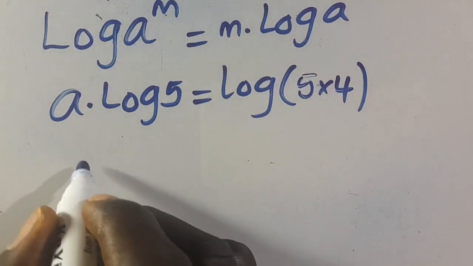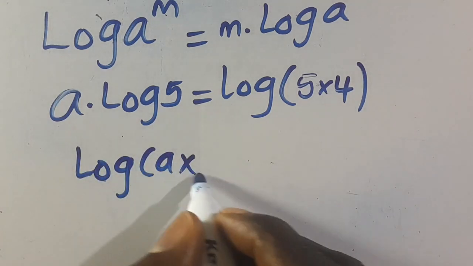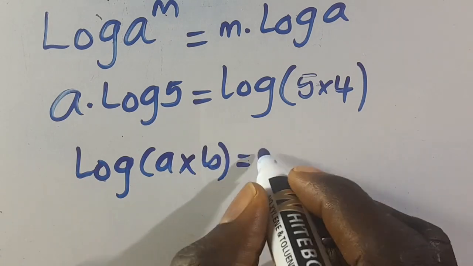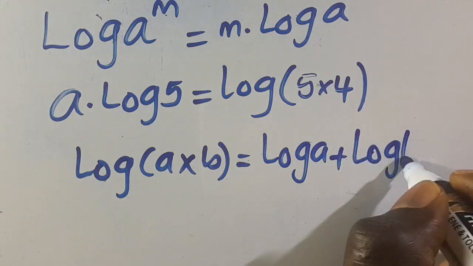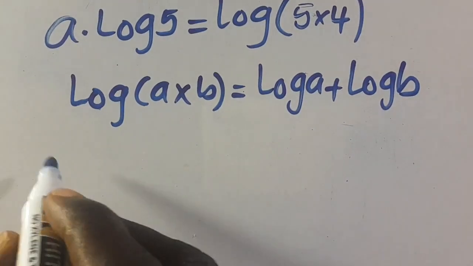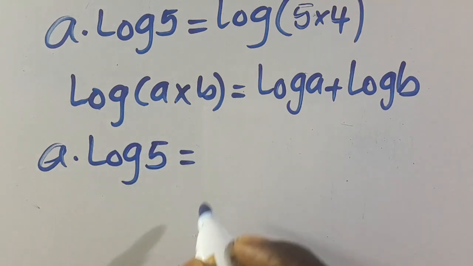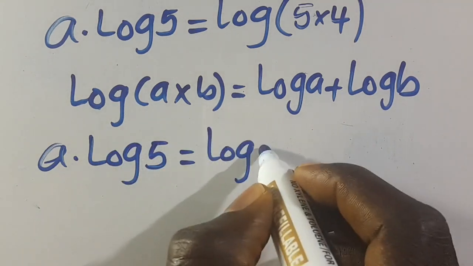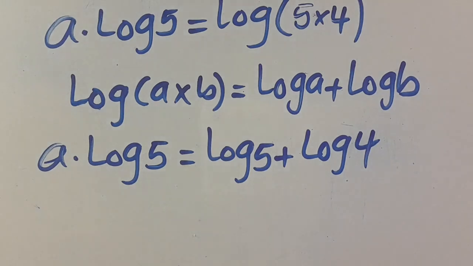Then remember that when you have log of a multiplied by b, it equals log a plus log b. So from here we have a multiplied by log 5 equals log 5 plus log 4.